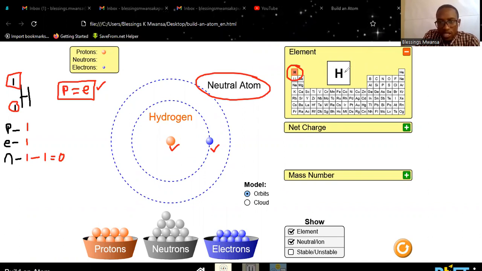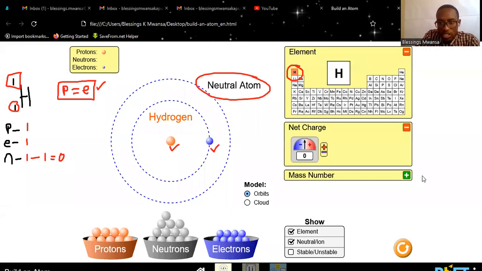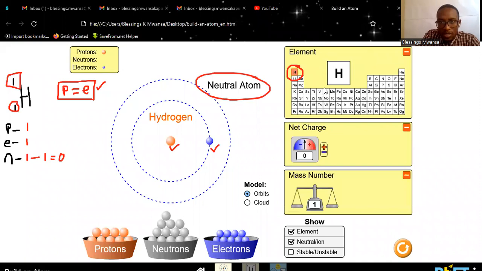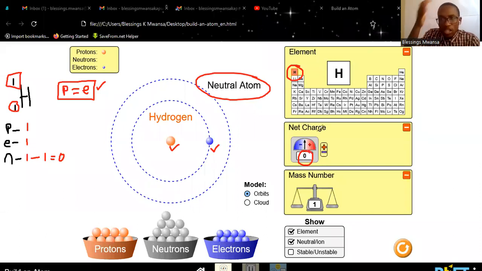If I was to check the charge of this particular species that I have built, I will notice that the charge is at 0, because the P is equal to the electron. The positively charged particle neutralizes the negatively charged particle, and then the mass is 1.